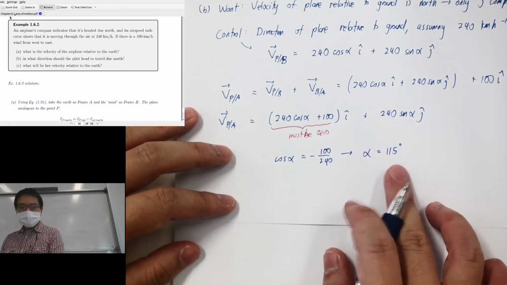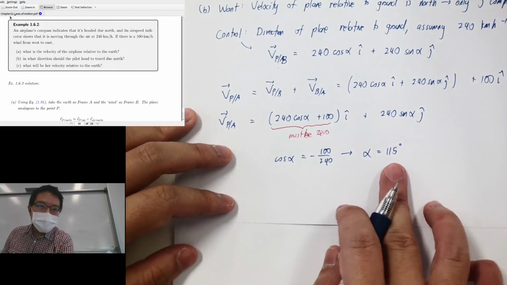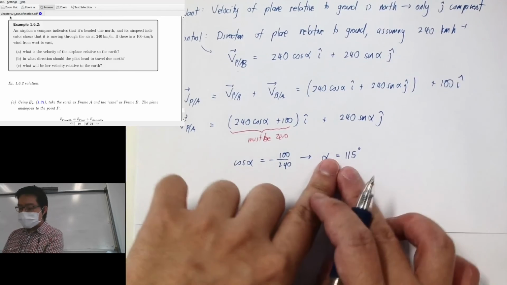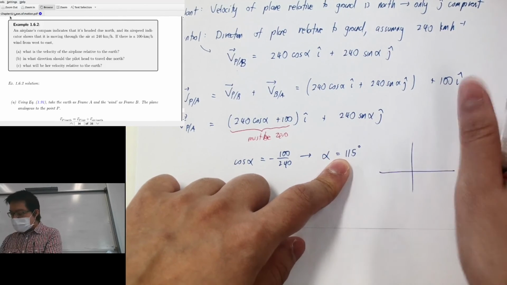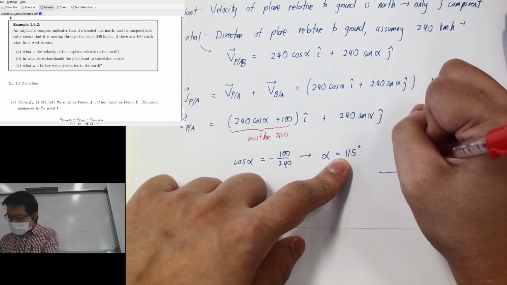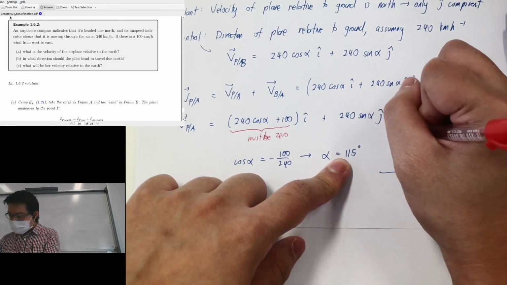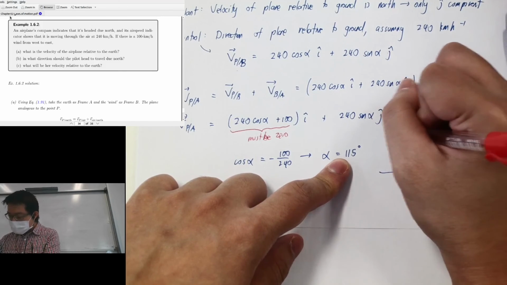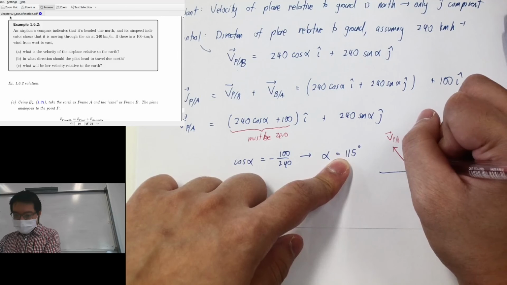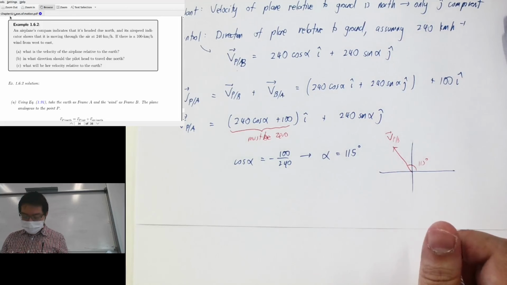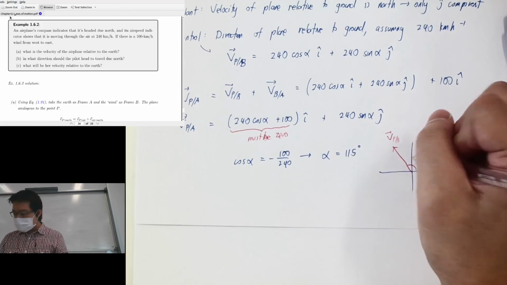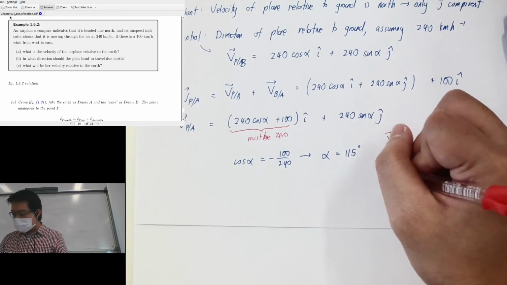Okay, so what is the direction? We just need to state the direction. We are using the Cartesian coordinate system, so 115 degrees is this way, VPB, which we have calculated to be 115. So how to say it? This is west, right?